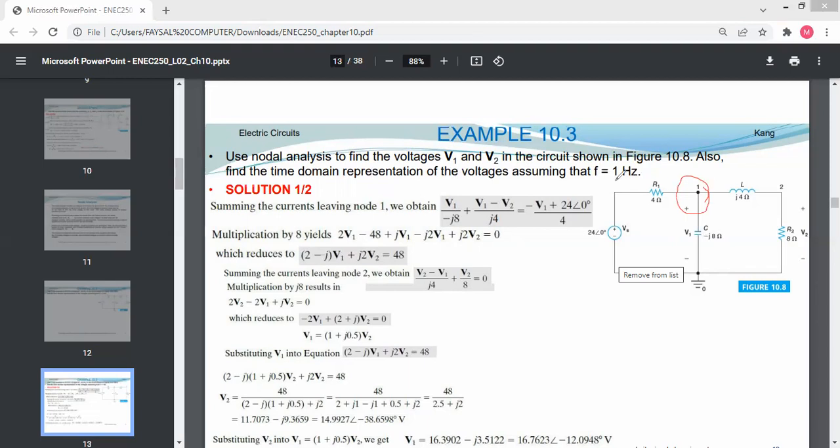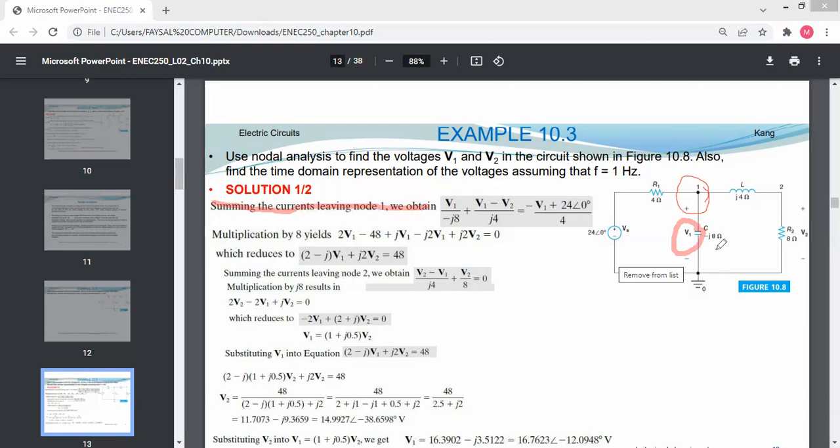This is the main thing, summing current values leaving node 1. So here is the V1, V1 with respect to the value minus J8.